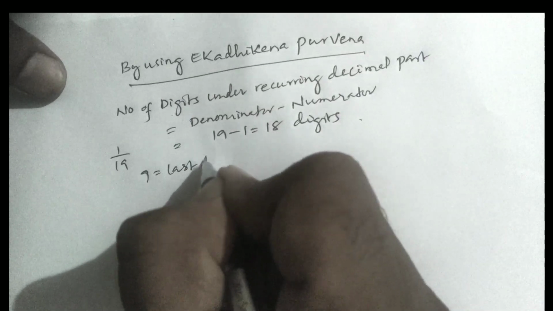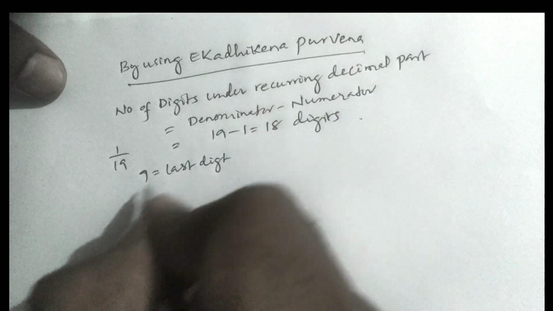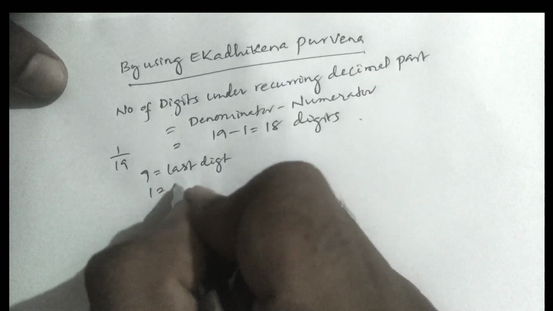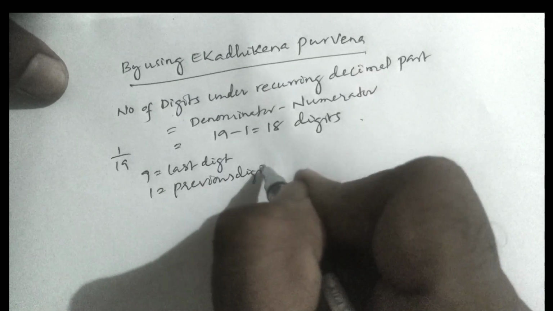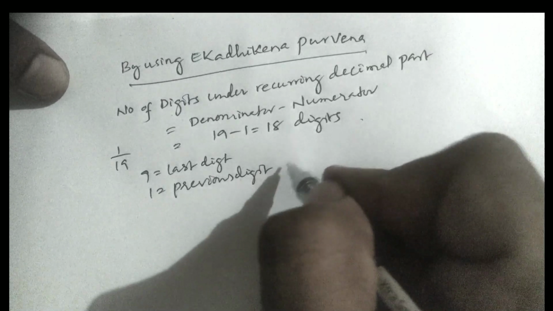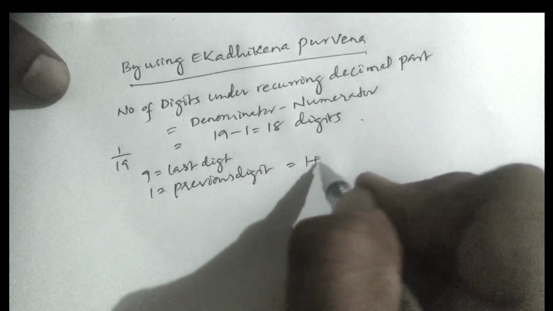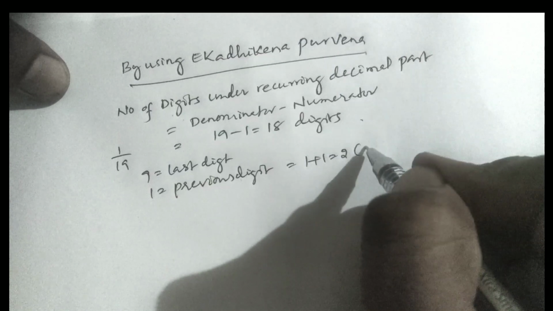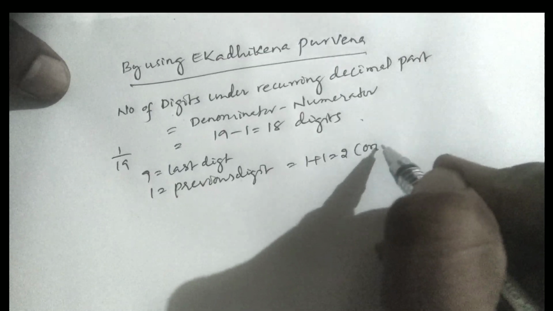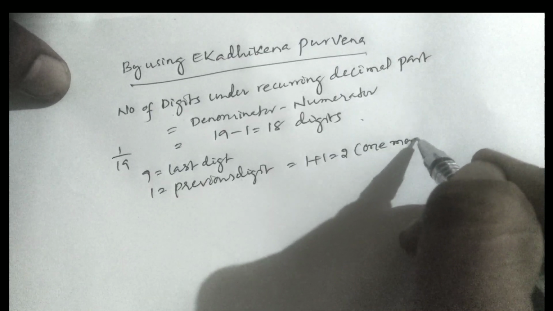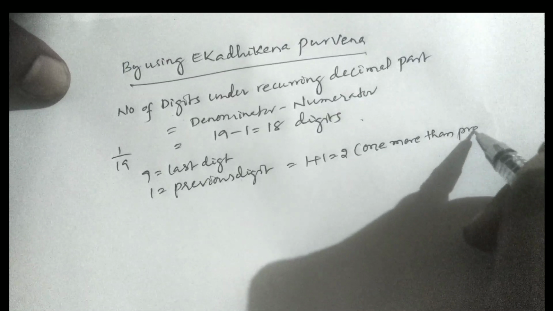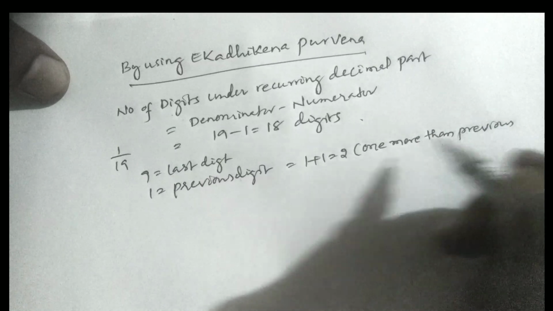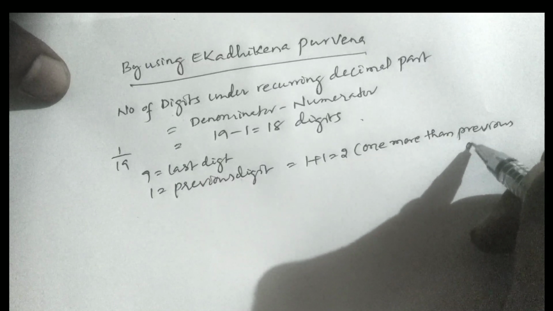So there are 18 digits in the recurring decimal part. Here 9 is the last digit, 1 is the previous digit, that is Purvena. So add one more than the previous digit, that is 1 plus 1 equals 2. That is Ekadhikena.